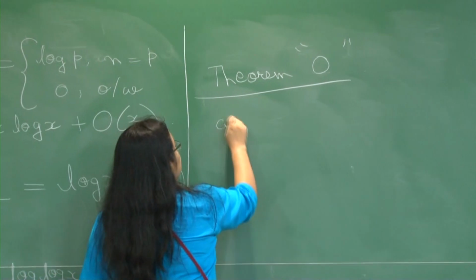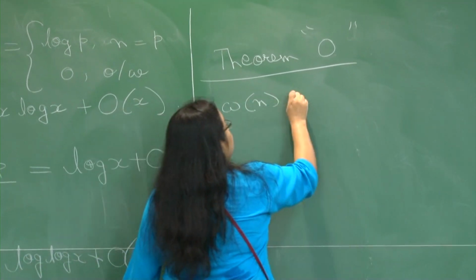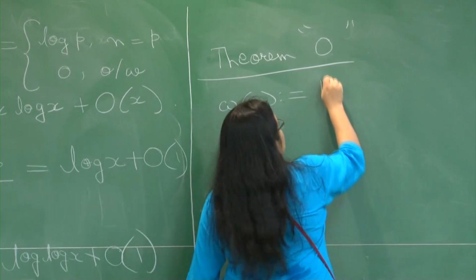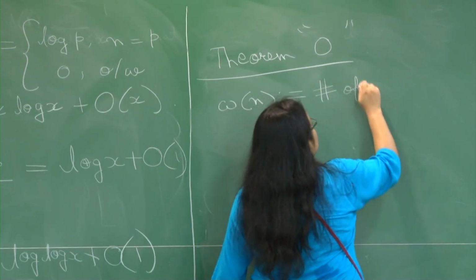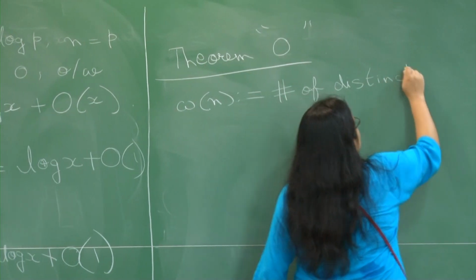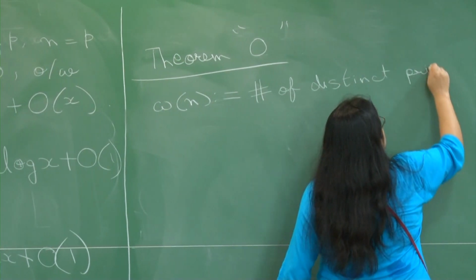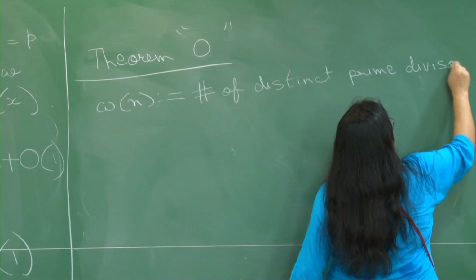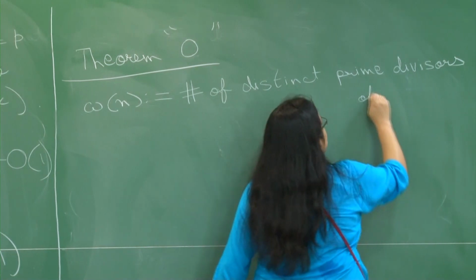Let us define omega of n as the number of distinct prime divisors of n.